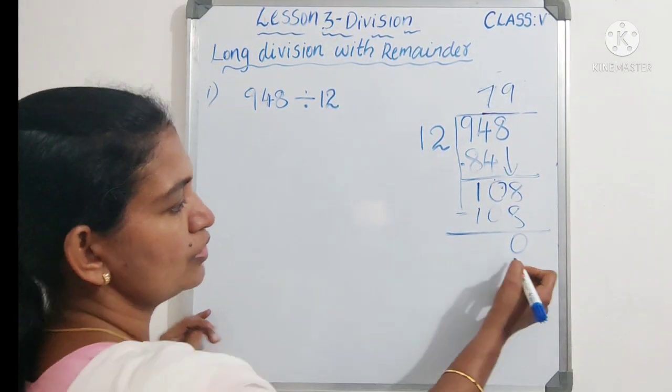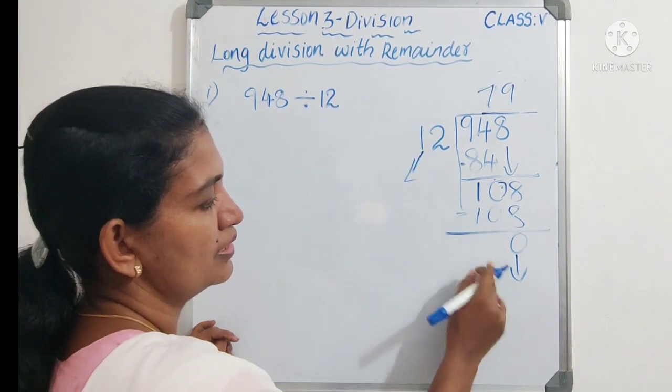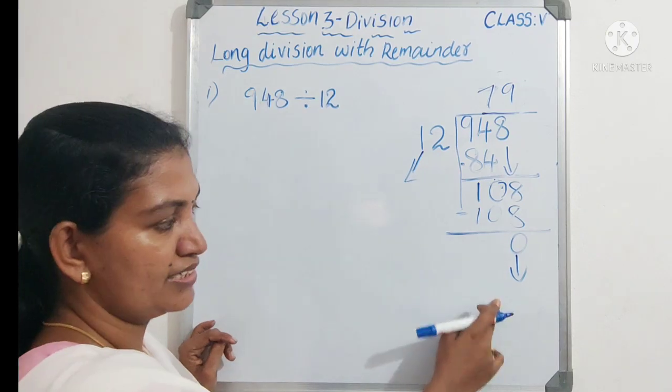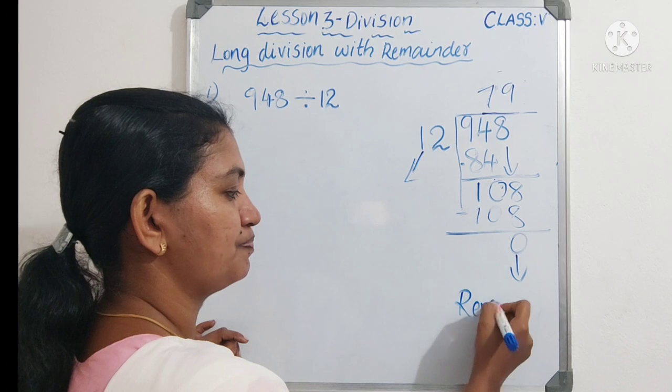In this problem, the last digit we get after division, here 0, is called the remainder.